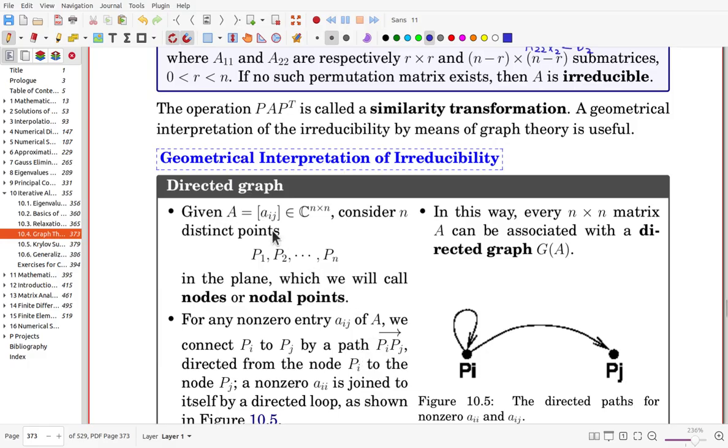For a given n by n square matrix, we put n points on the plane. You can put them anywhere you want. We say these points are nodes or nodal points.